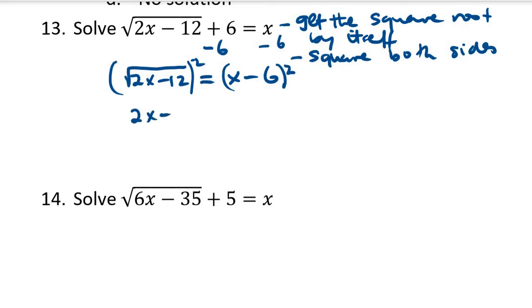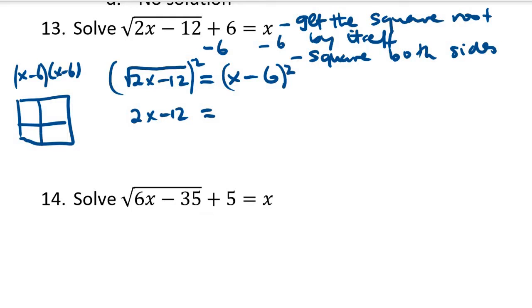Only the 2x minus 12 will be left. The right side, you have to do x minus 6 times x minus 6, which you can do like this if you want. But I'll tell you the answer straight away: it is x squared minus 12x plus 36.